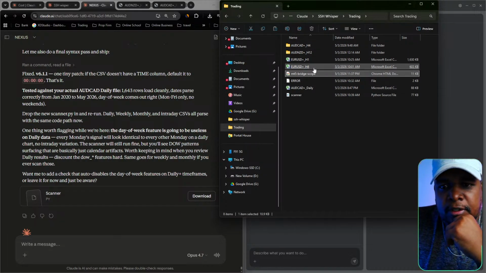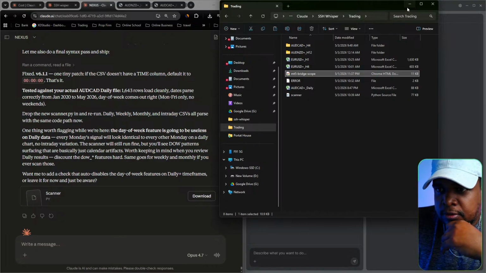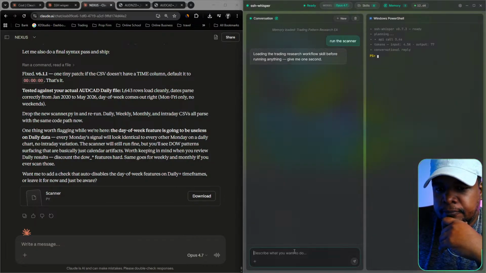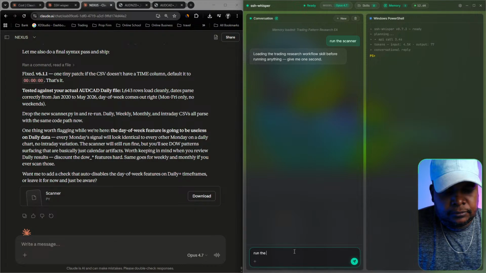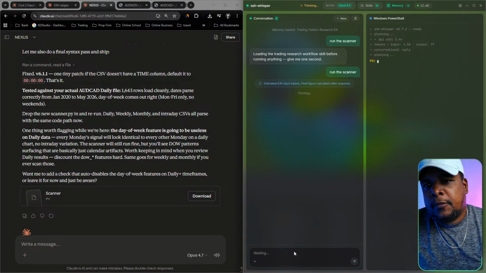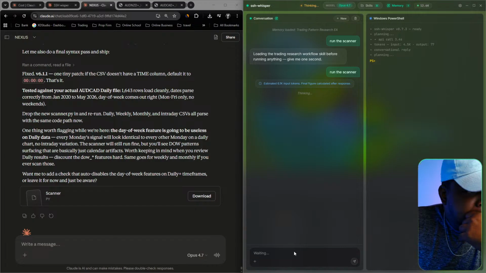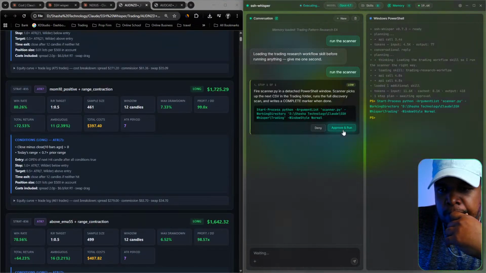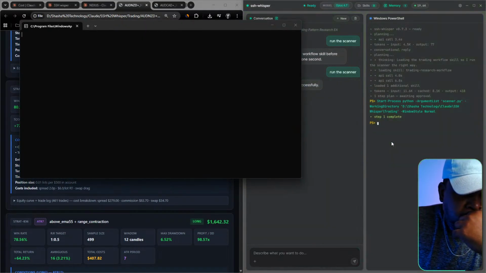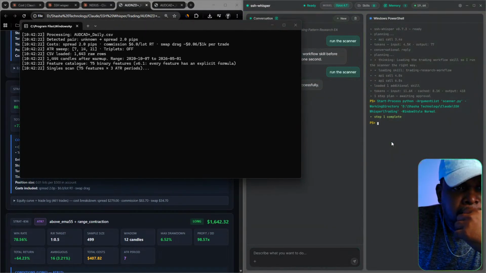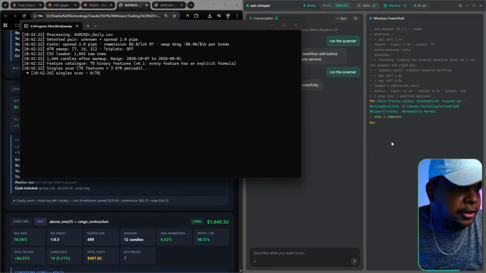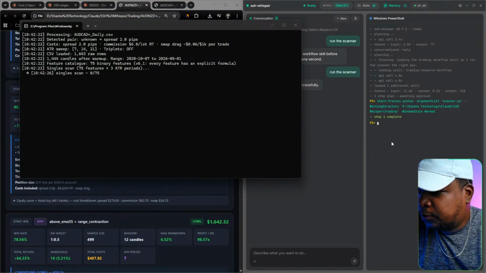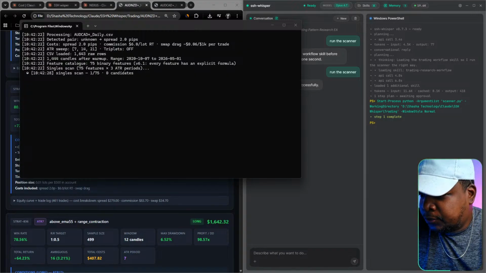We have the Euro USD on the H1. All right, so the scanner is up and running. So what does that actually do now? It would go into exploration mode.